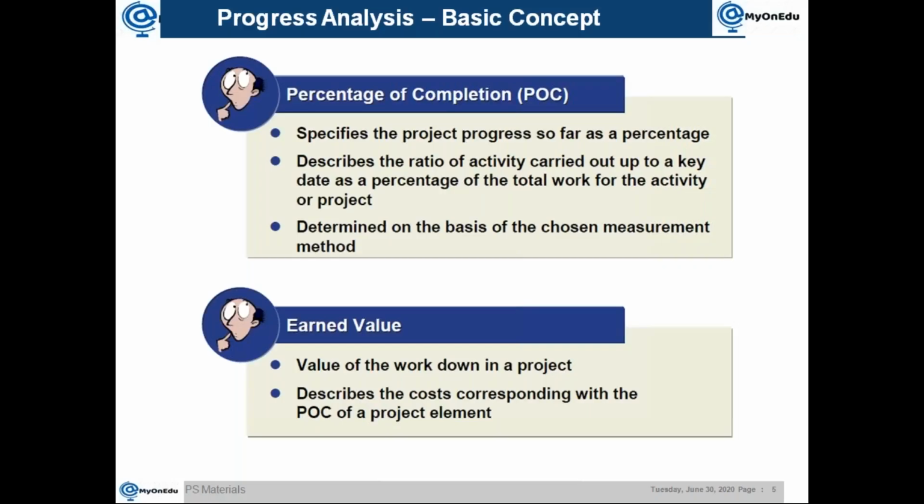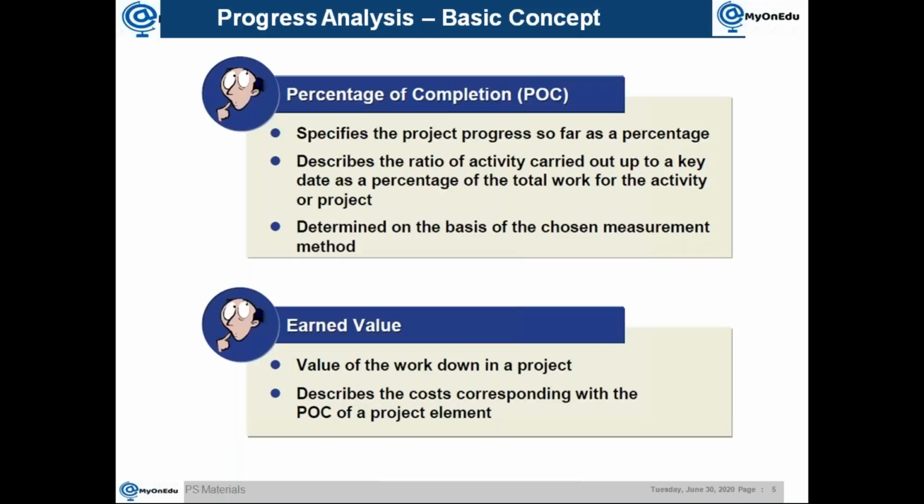What does it mean? It specifies the project progress so far as a percentage for a given period of time. Whenever you take a reference point, up to that point, what percentage is achieved, or what percentage was planned, is called the percentage of completion, POC.